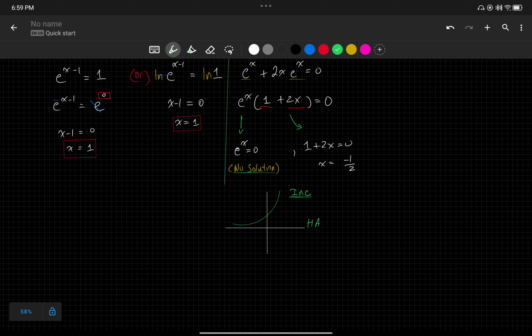All right, let's see what else. Oh, well, I guess since we are already here, might as well look at options. Let's say you didn't remember the fact that e to the x had a horizontal asymptote and you still wanted to solve it using the operation of ln on both sides.